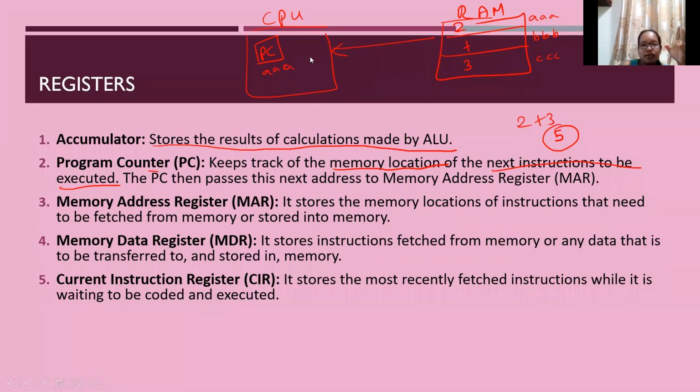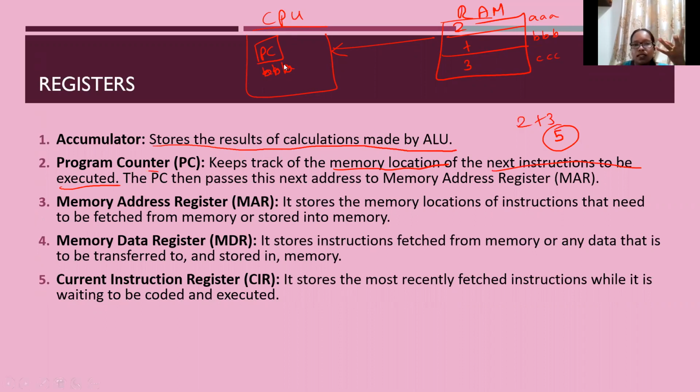Next, after taking that 2, the next time the PC will show BBB. That means it tells the CPU to take the next data that is available in the BBB address. It shows the memory address of the relevant data, not the data itself, but the address of the data.